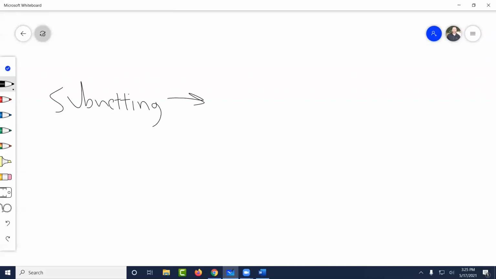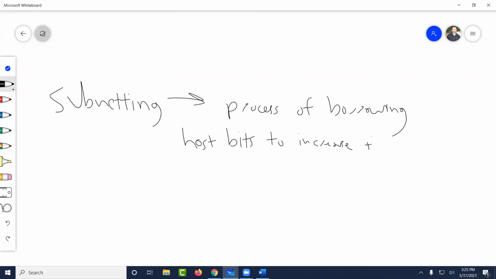I don't know, but subnetting is the process of borrowing host bits to increase the number of network bits. So that is the book definition of subnetting.